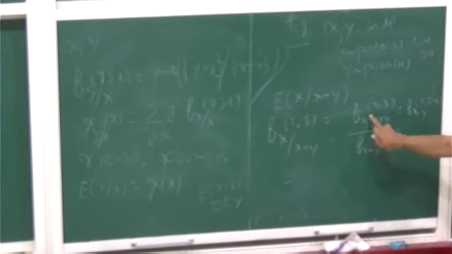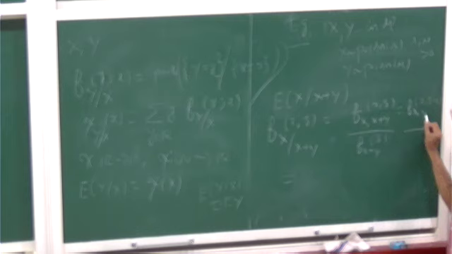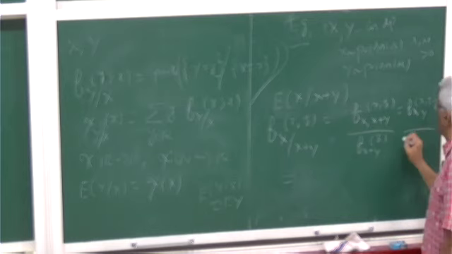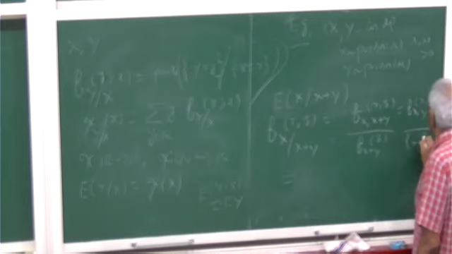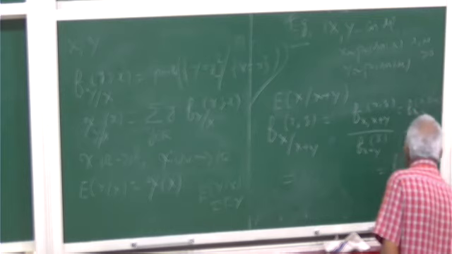You just write the definition. This is the probability of x equal to x and x plus y equal to z, which is the same as the probability of x equal to x and y equal to z minus x. This is just the product, so it equals fx at x times fy at z minus x, divided by f of x plus y at z.